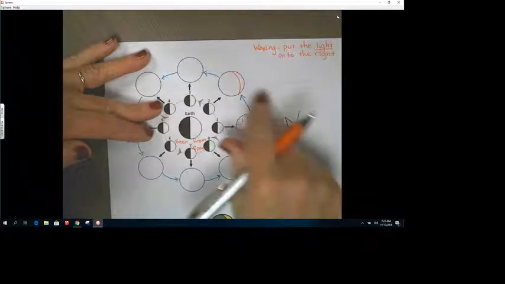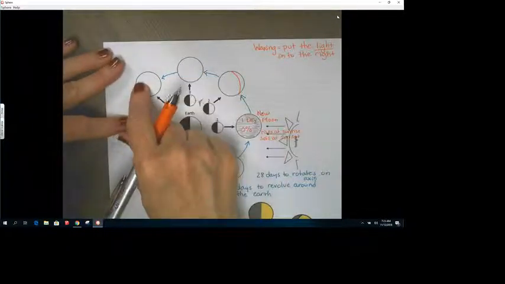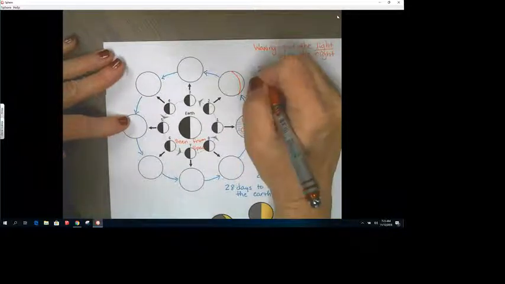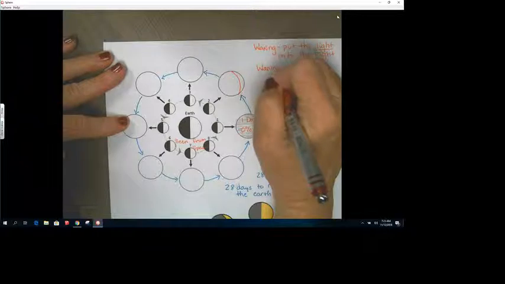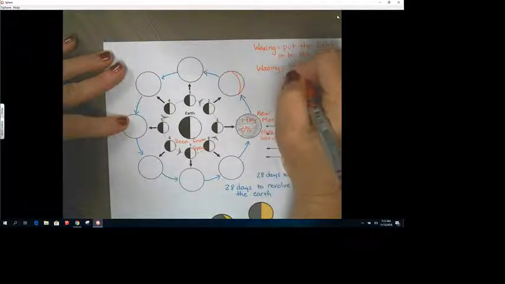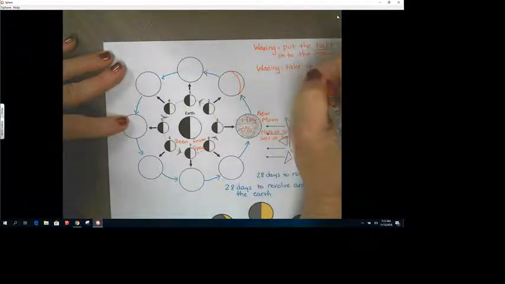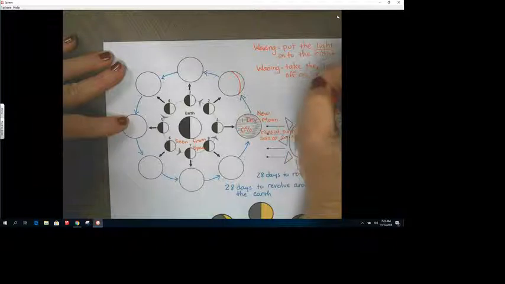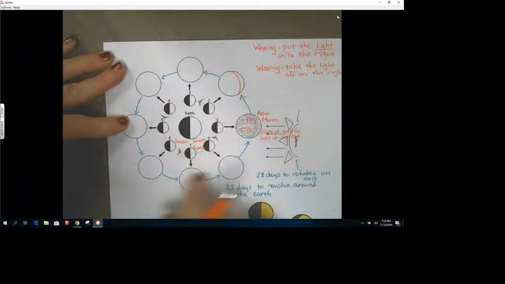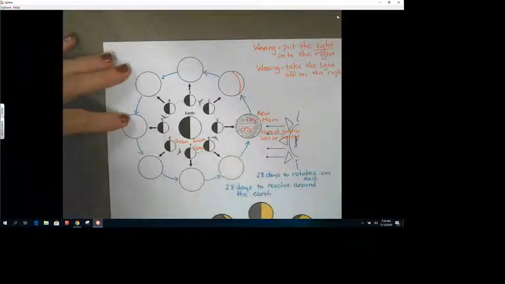Okay, so we're going to put the light on the right side. Remember that when we wane, we are going to take the light off on the right. So as we are going here, we're taking it off.